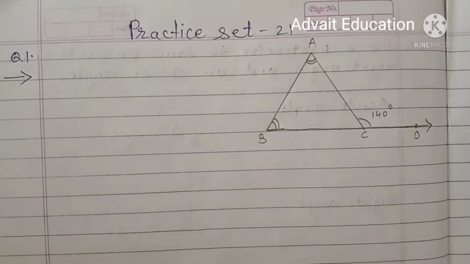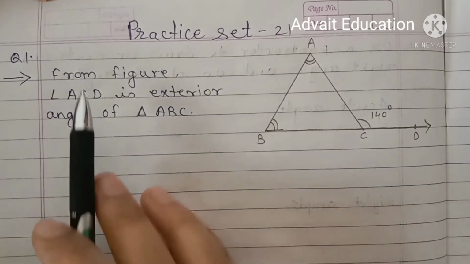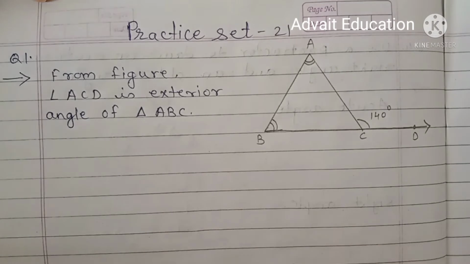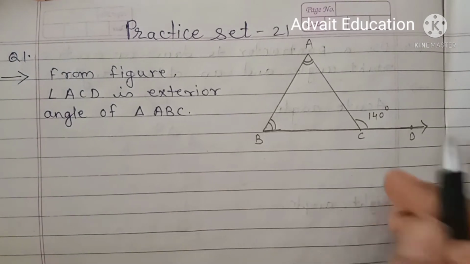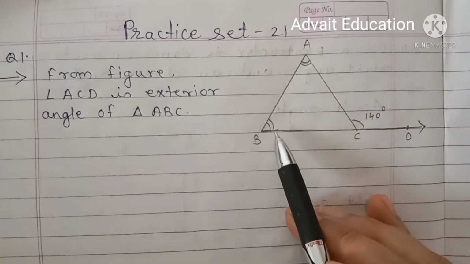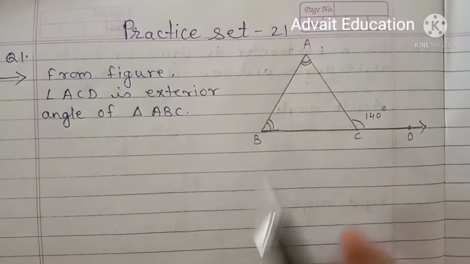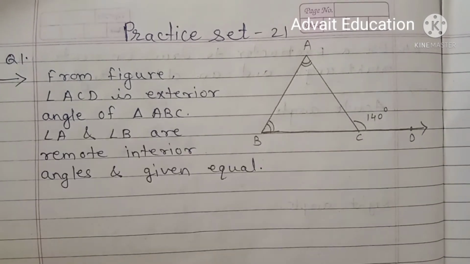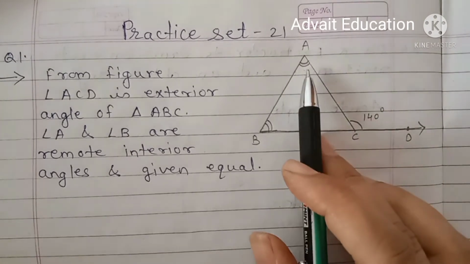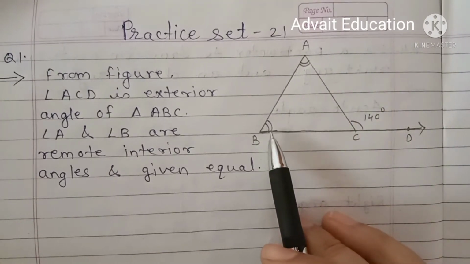See, angle ACD is an exterior angle of triangle ACB. This is given. And see, angle A and B are remote interior angles, and they are equal. Suppose measure angle A is equal to measure angle B is equal to x.